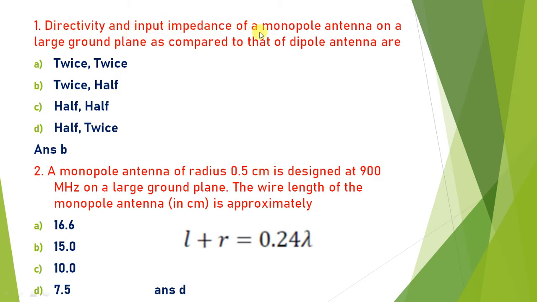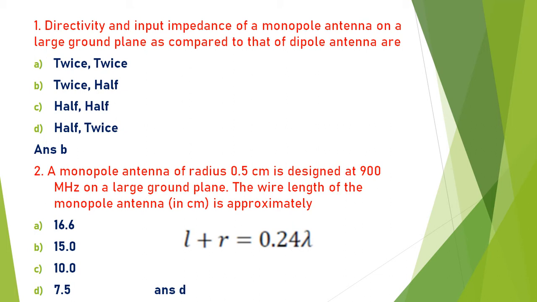Directivity and input impedance of a monopole antenna on a large ground plane as compared to that of a dipole antenna are. Generally, the directivity of a monopole antenna is always double that of the dipole antenna. But the input impedance, or we can say the input resistance, of a monopole antenna is generally half that of the dipole antenna.